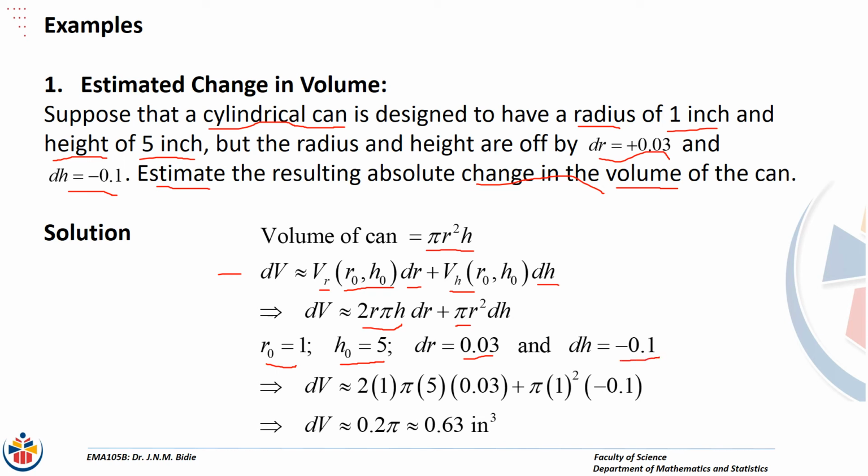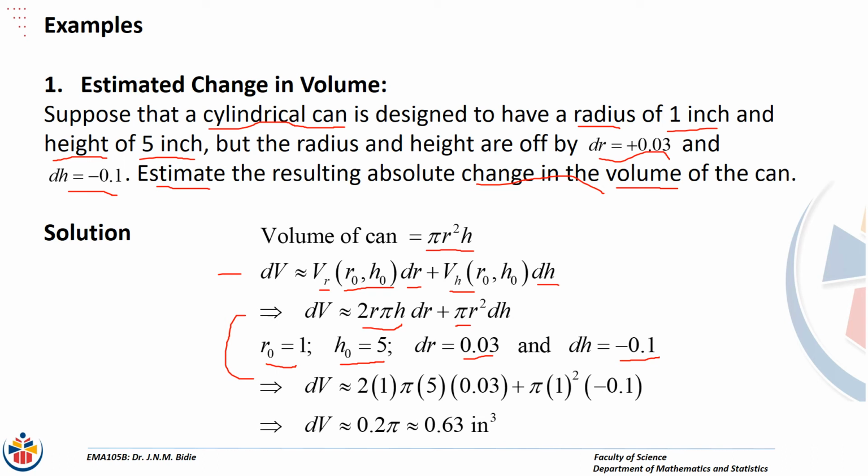And then we go to our derivative and do the substitution of all those values. Remember, that is why it's written here V_R of R naught, H naught. That means in your differentiation, in order for you to find the total differential, you substitute the initial values that were given multiplied by the error, which is the small changes.